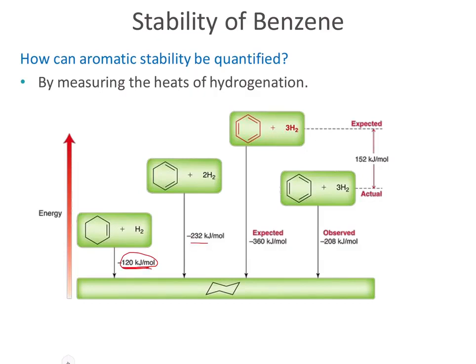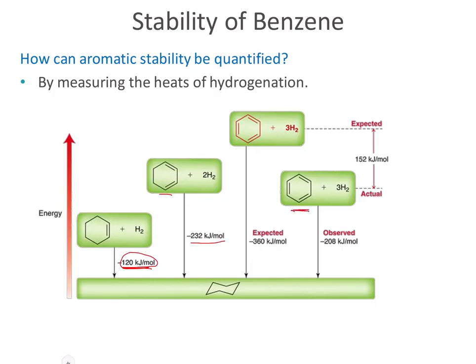Well, 232, quite close, but not really there, which means that the cyclohexadiene is relatively more stable than we expected.